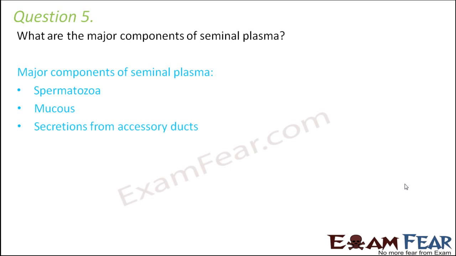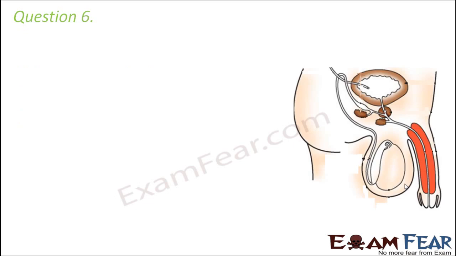For example, glands like the prostate gland, seminal vesicles, and bulbourethral gland all put their secretions into the ducts. So all these things get mixed together and form the seminal plasma, which is very rich in substances like fructose, calcium, and some enzymes.